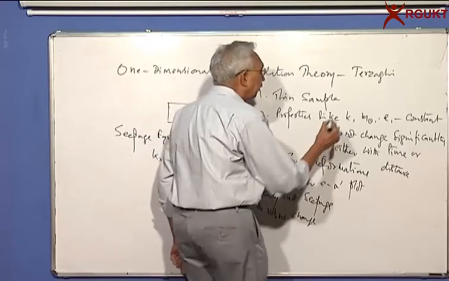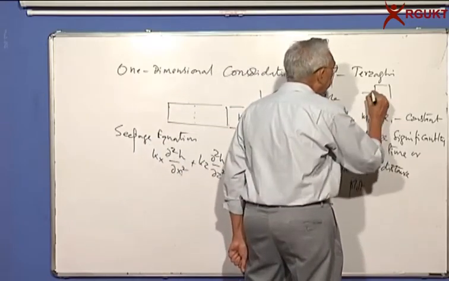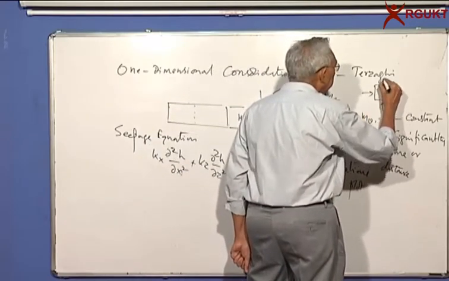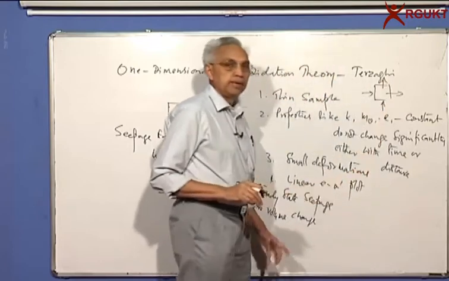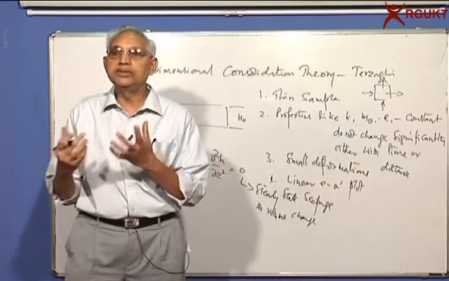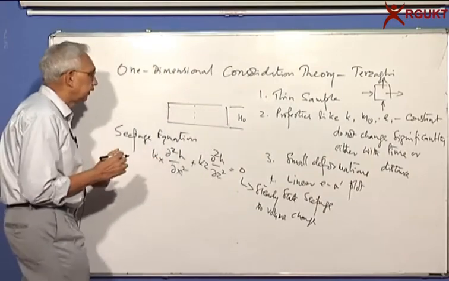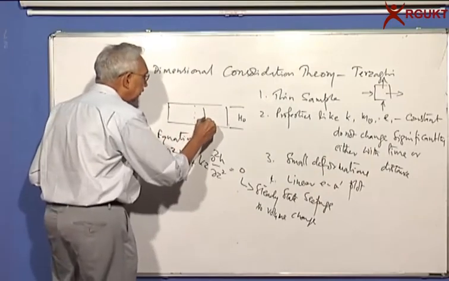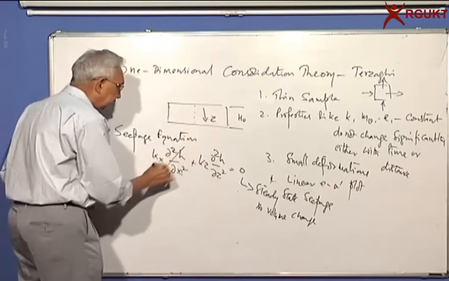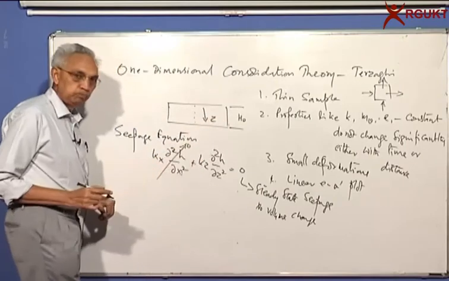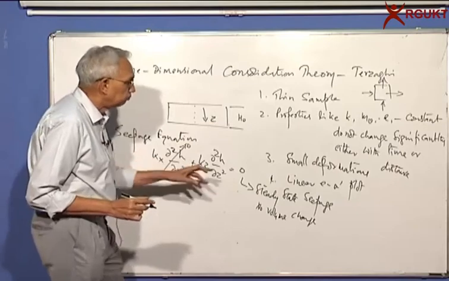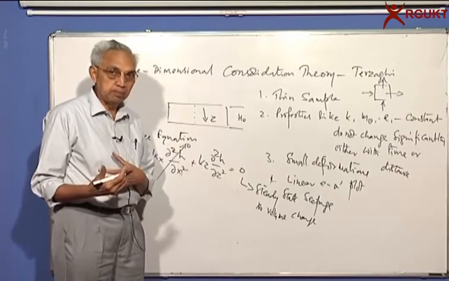If I take a small element, the flow into the element is equal to the flow out of the element. And if that is satisfied, there is no change in the volume of the element. Let's now simplify this, and I am only interested in the vertical z direction, so this term doesn't come into the picture. And now we say this is a transient problem.